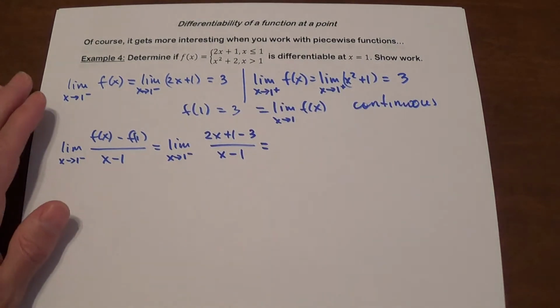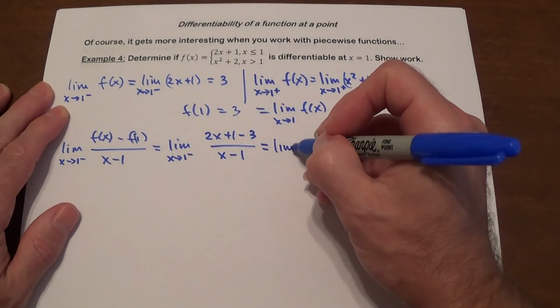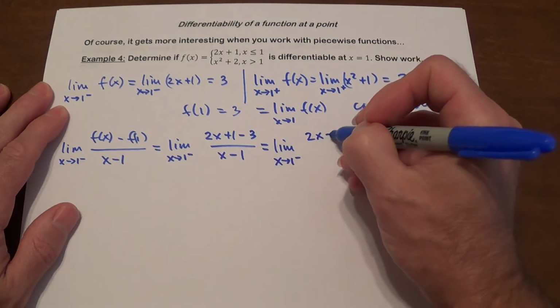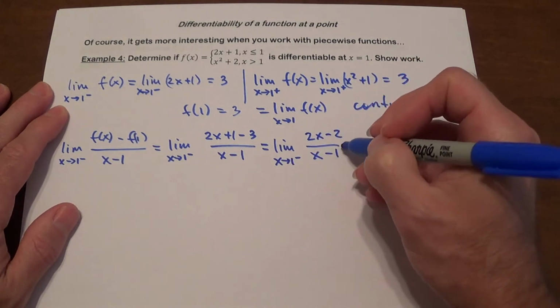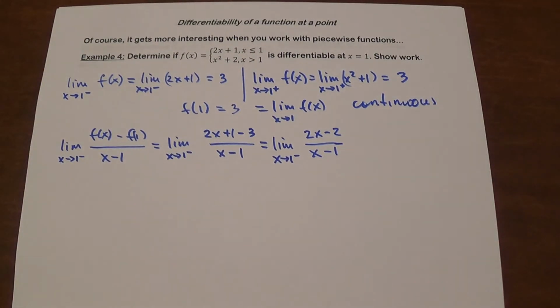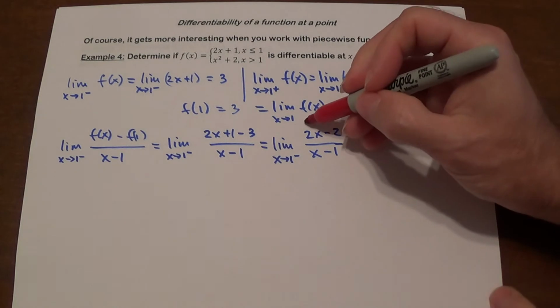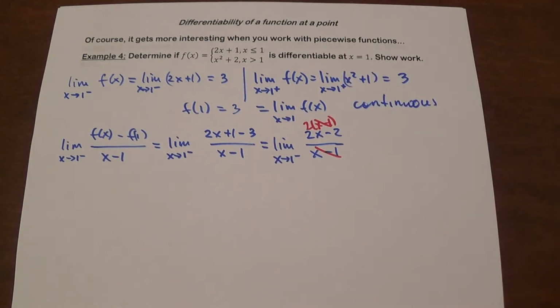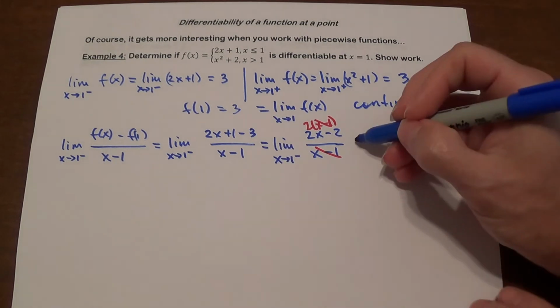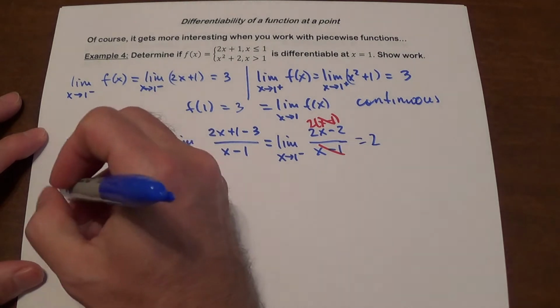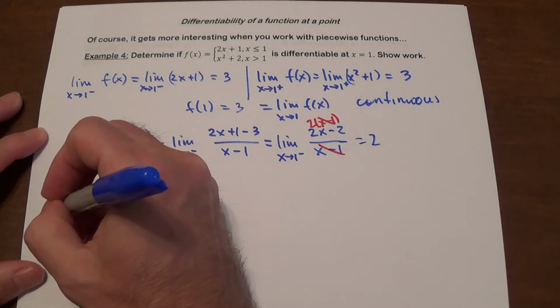So this is going to give us the limit as x approaches 1 from the left of 2x minus 2 divided by x minus 1. You can actually factor out 2 in the numerator, and you can cross it out, and the answer is going to be 2. So the left-hand derivative is 2. How about the right-hand derivative?